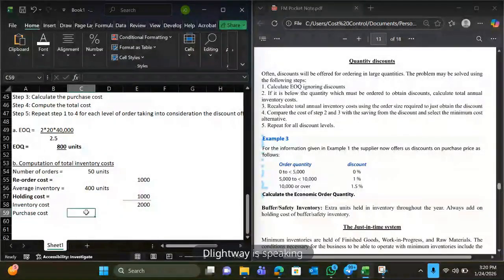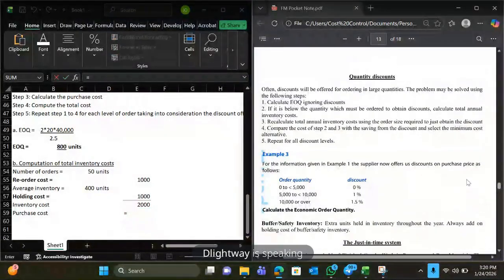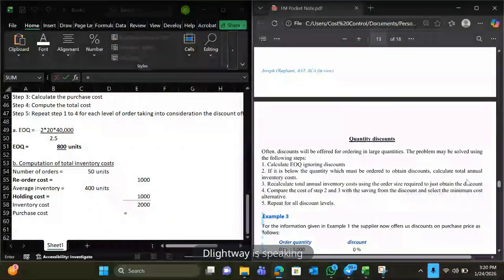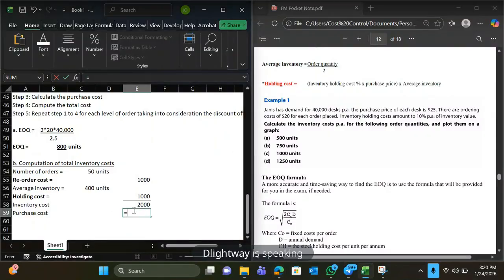So the purchase cost is going to basically be the number of orders made, the annual demand, sorry to say. So the purchase cost is going to be the annual demand multiplied by the purchase price. Please take note because I didn't put it in the material. Let's go back to the question. 40,000 is the annual demand, and the purchase price is $25. So it's going to be 40,000 multiplied by $25.